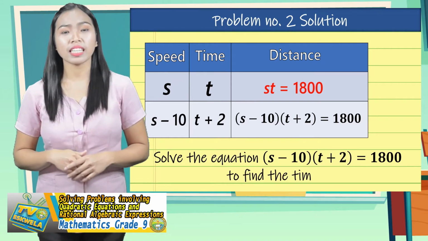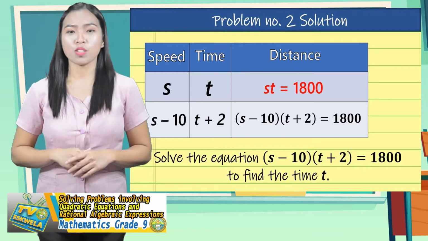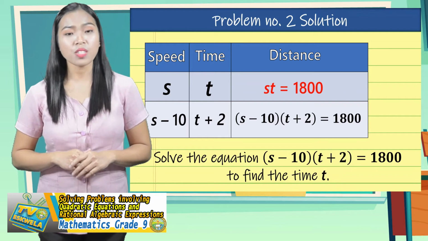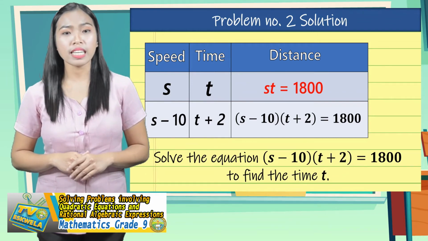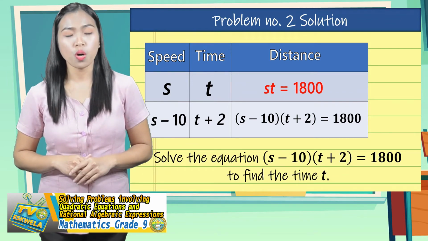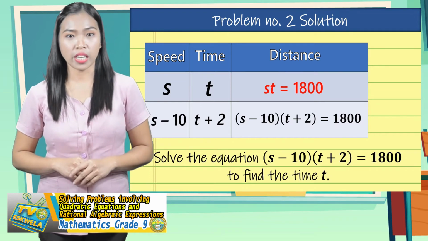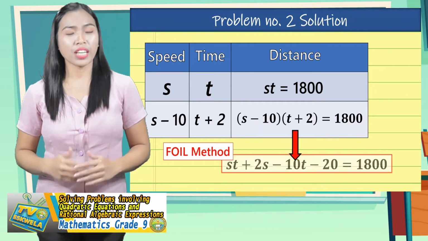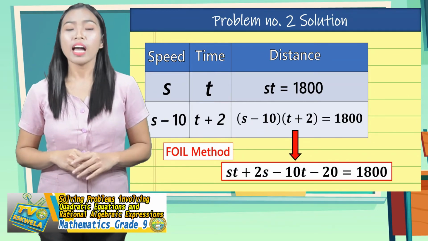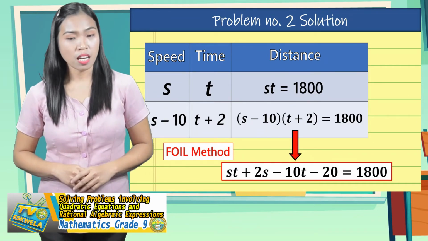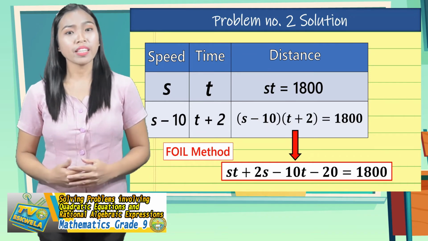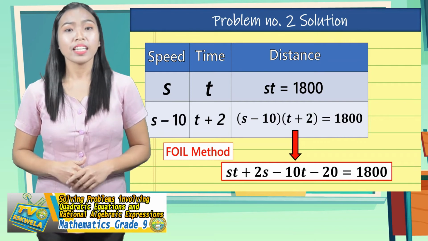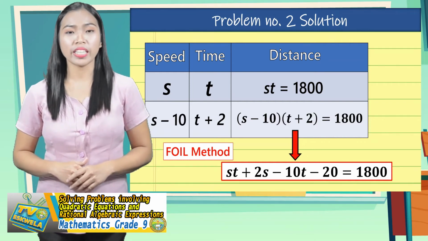We can find the time T by solving the equation quantity S minus 10 times quantity T plus 2 equals 1,800. By FOIL method, this equation becomes ST plus 2S minus 10T minus 20 equals 1,800.